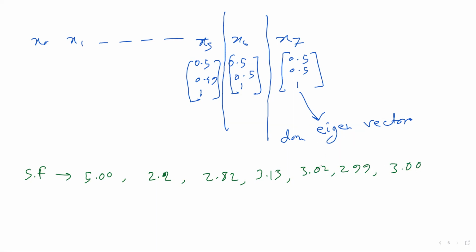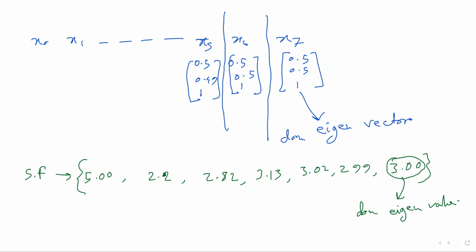So there is another kind of convergence here, and that converging sequence is formed using the scaling factors, right? And this final point where the sequence of scaling factors converges is the dominant eigenvalue.